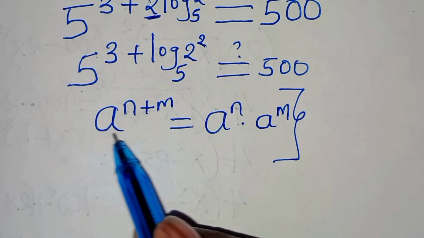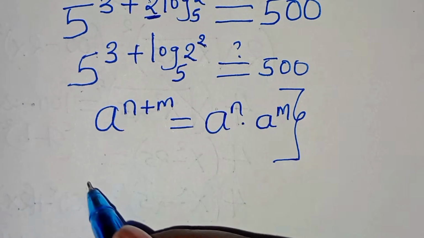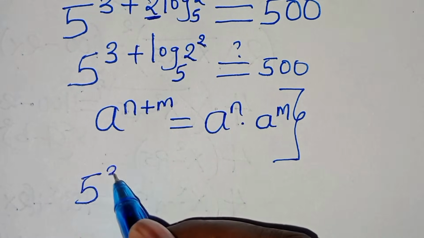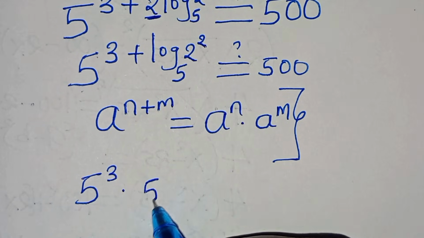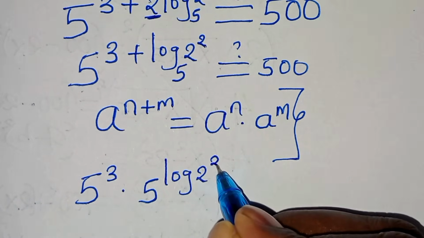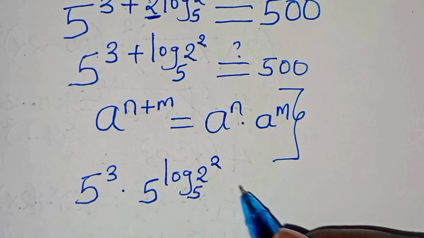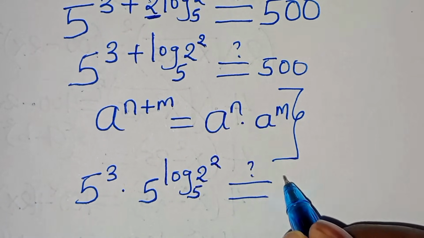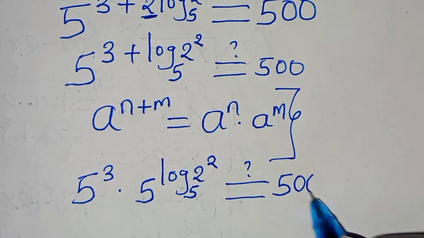Applying this property, we have 5 to the power of 3 times 5 to the power of log 2 squared to base 5. This is supposed to give us a value of 500.